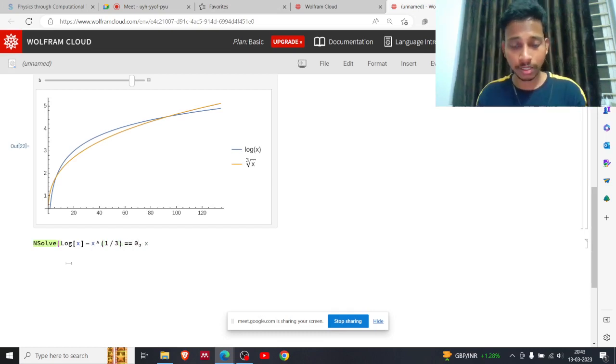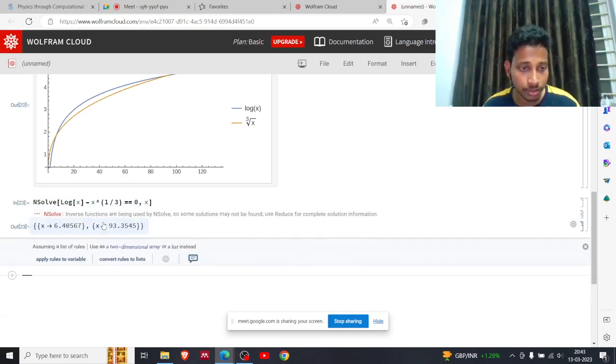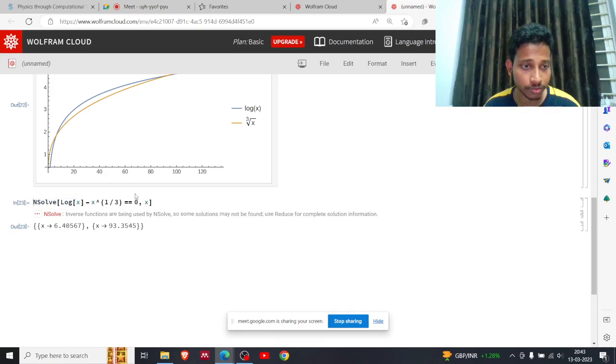So first I have written the equation, then the variable. Now this is the equation, but NSolve is giving some kind of warning, so I will use another function, that is Reduce.